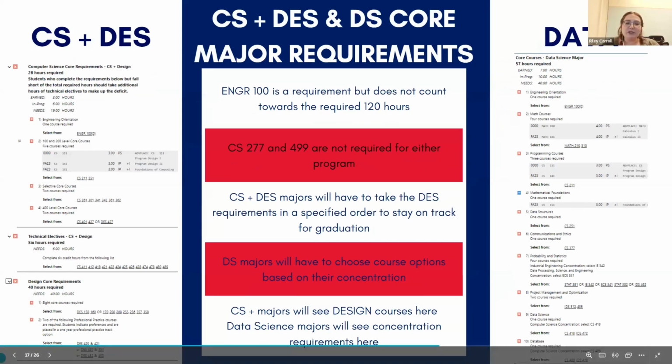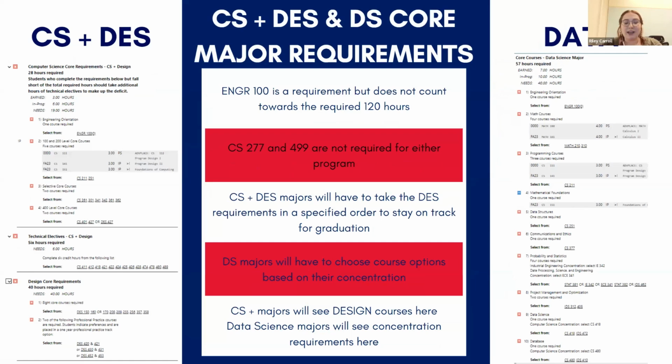All right, so looking away from just computer science majors and toward computer science plus design and data science core major requirements. Similar to CS, Engineering 100 is a requirement for all College of Engineering majors, but does not count as a credit hour toward the required graduation hours for your degree.